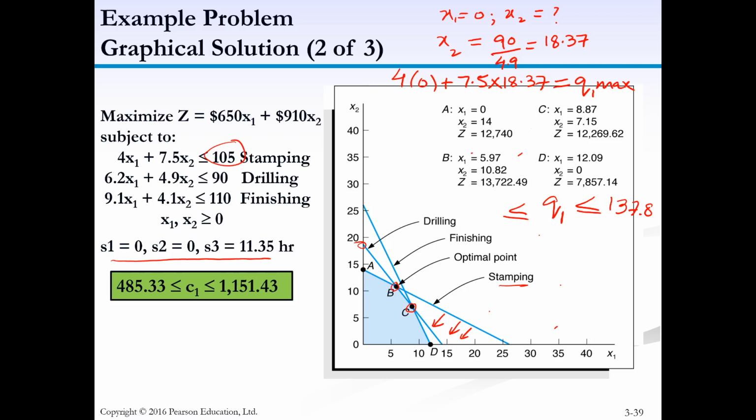I don't know, we have to check by running the software, but what I can say is that the variable mix is going to change from point B, when we move the stamping constraint towards the origin, and it will have a new point which is point C. Also, these shadow prices will be changing as well.